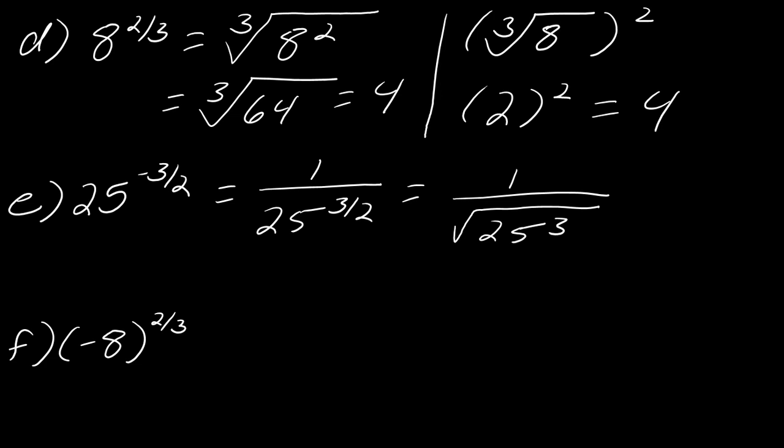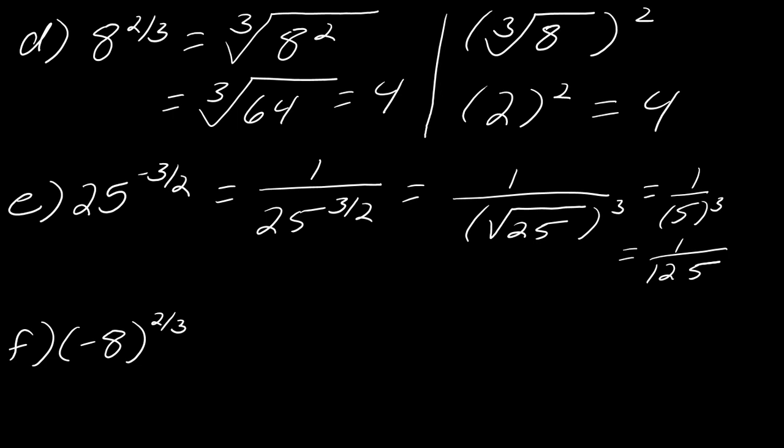A lot of people probably wouldn't know that, right? So if I wanted to do 25 to the third first and then take the square root of that, it's just going to be kind of tough. So instead, it would be a lot easier if I took the square root of 25 and then cubed that. Because the square root of 25 I know is 5, and then 5 cubed is going to give me 1 over 125.